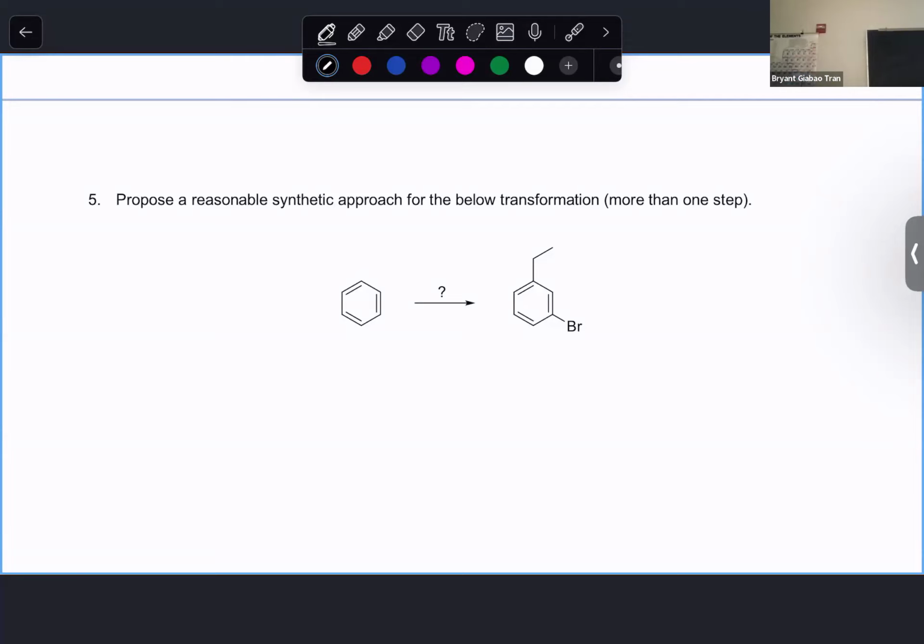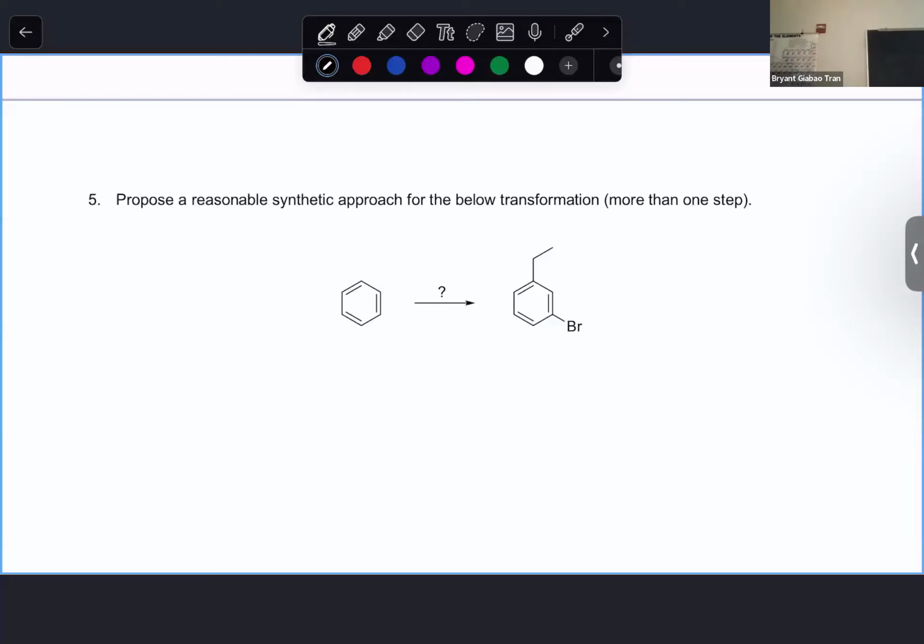So tips for this synthesis problem is to look at the relationship between the two groups. Are they ortho, meta, or para to each other? And then see what kind of directing groups you want on the benzene ring first, ortho para director or meta director. And there are certain helper reactions that you could use, like blocking the para position from sulfonation, or reducing a carbonyl down to the alkyl group, R group, right?